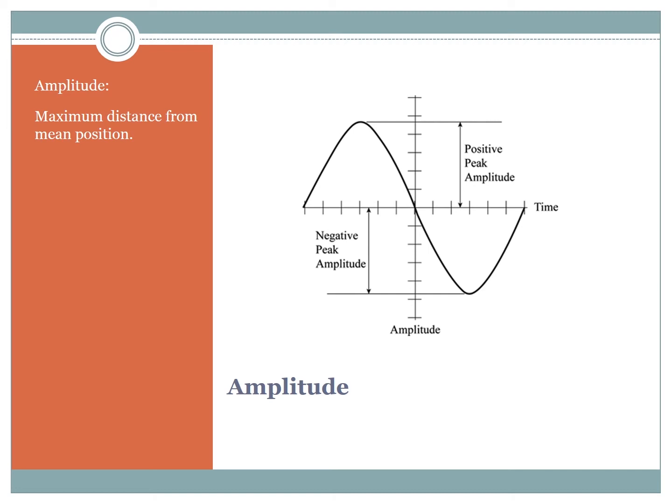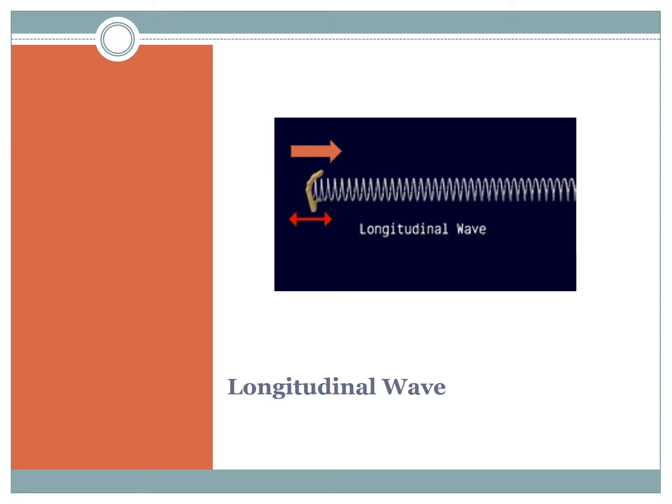Now we have two amplitudes in a single wave, one appearing with the crest and one with the trough. This is basically the maximum distance. It is represented by the line, and the amplitude for the crest is always positive, whereas the amplitude of the trough is always negative.